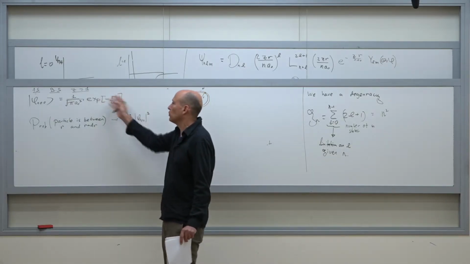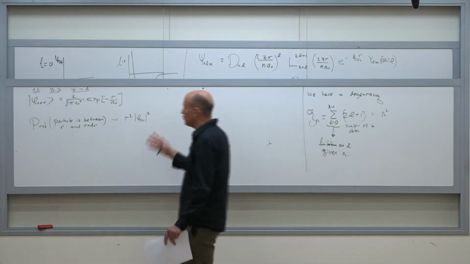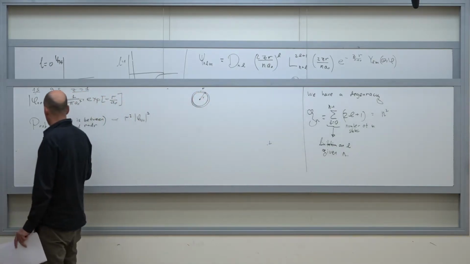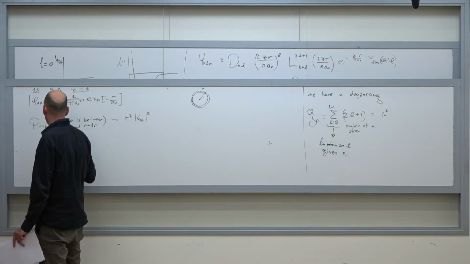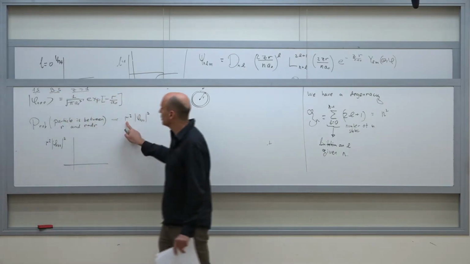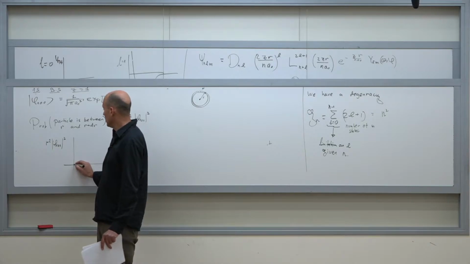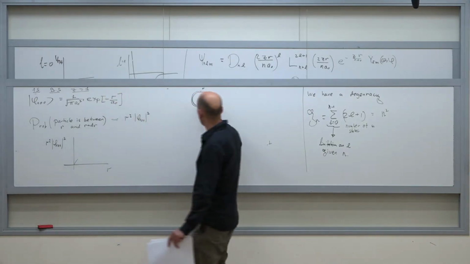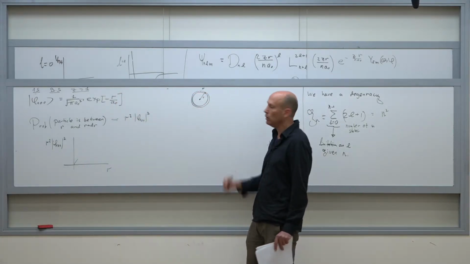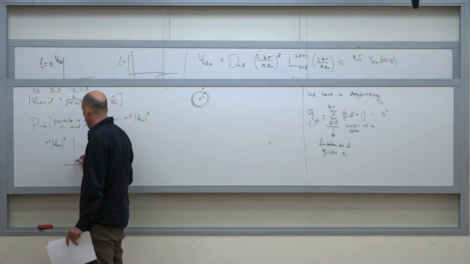I mean, but of course, this is minor. You could just plot this guy or whatever you want to plot. So if I plot phi 100 squared, well, how does it look? Because of this r squared, it's 0 at r equals 0, and this is just because the sphere around the origin is very small. So there's a very small probability, and then it goes up.